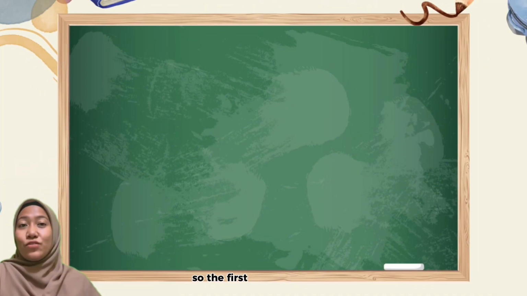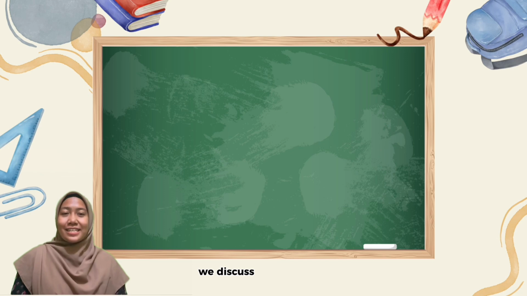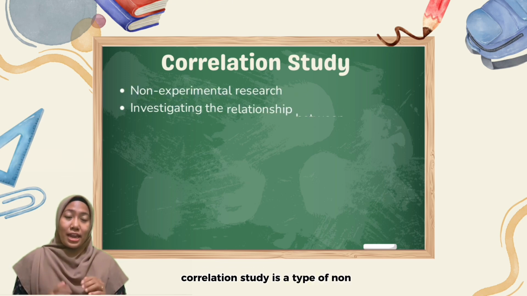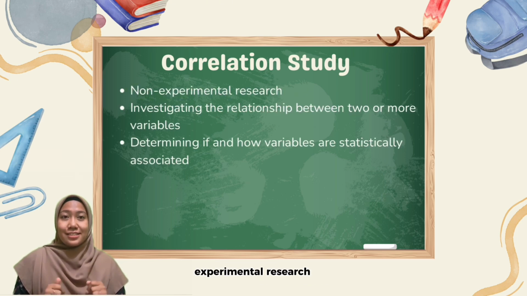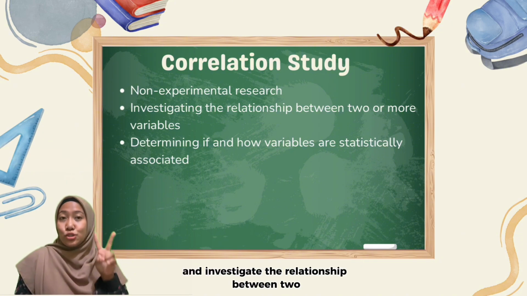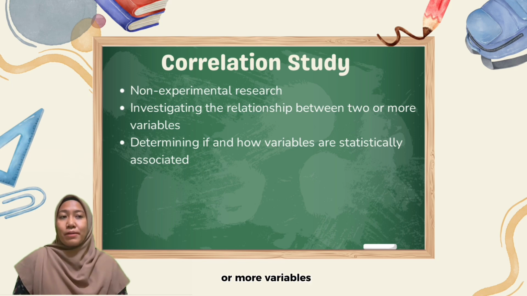So, the first material that we discuss today is about correlation study. Have you ever heard about correlation study? Great! So, correlation study is a type of non-experimental research that designs and investigates the relationship between two or more variables.